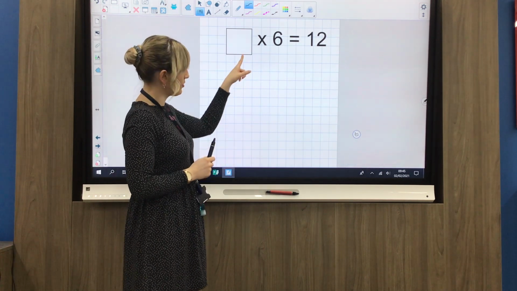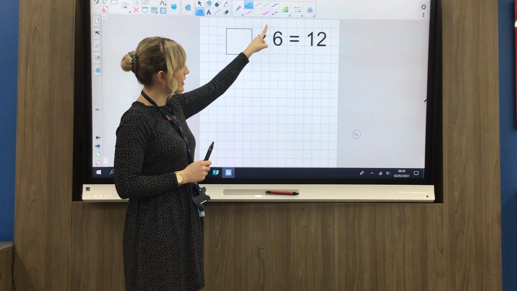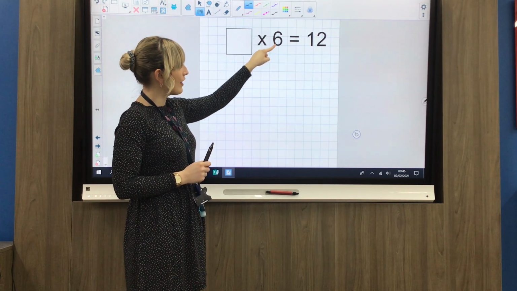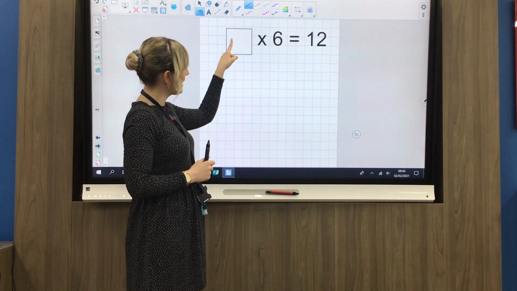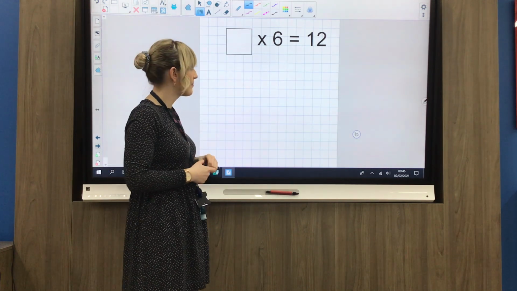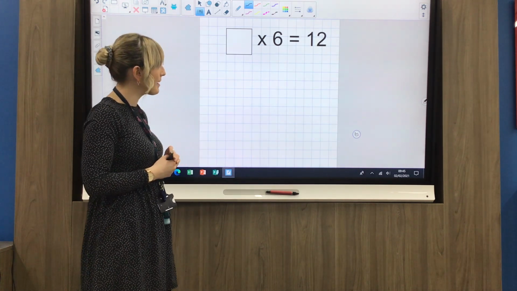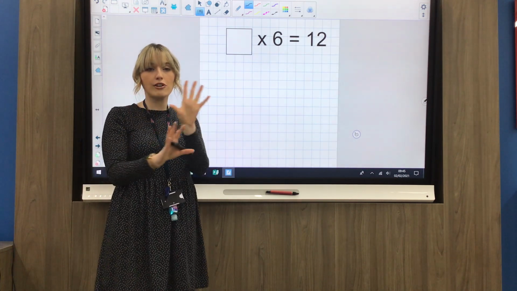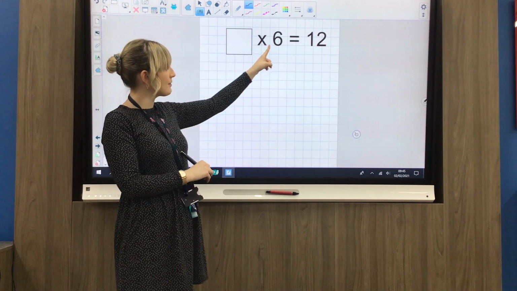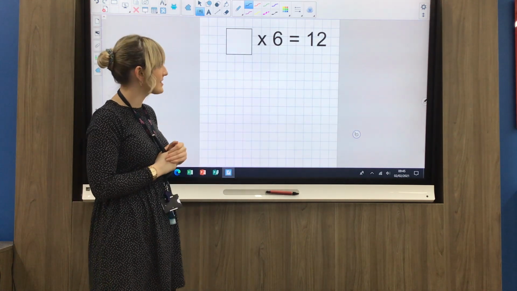If you don't, what we can do instead is work out how many 6's go into 12 to find out what we times it by. We spoke about this earlier in the week and we said that multiplication is commutative, and that means you can switch it round. So if we find out how many 6's are in 12, it will give us the answer.